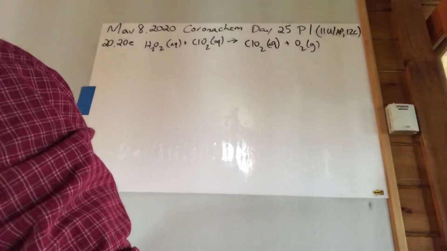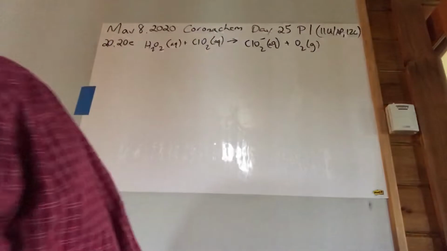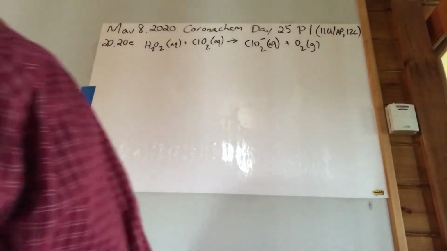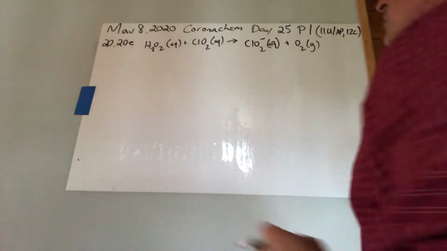Let's double check I got everything right in the right symbols. Chlorite, O2 gas. Oh, got a minus sign. Chlorine dioxide. Yeah. Okay. So that's the redox equation we have to solve.